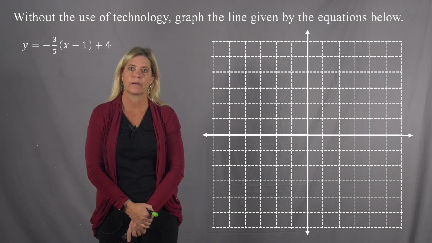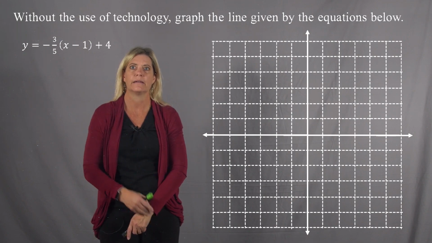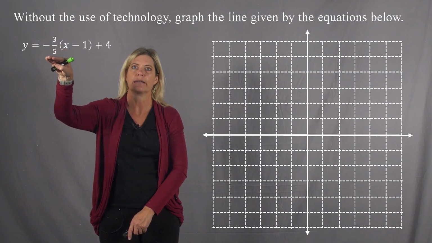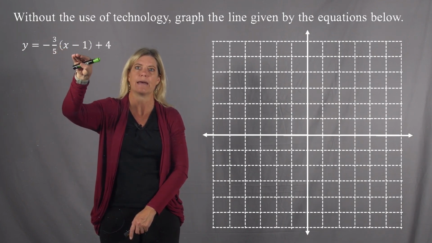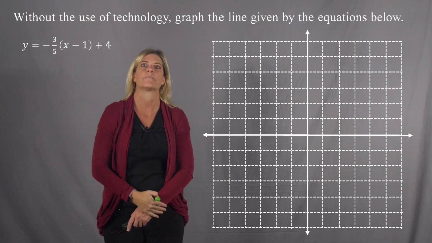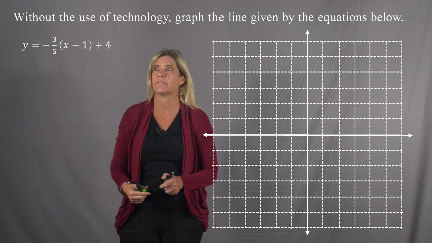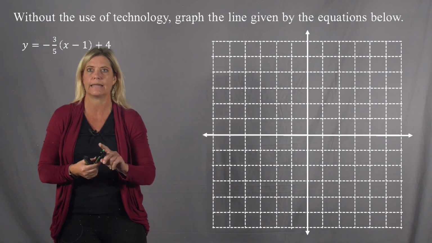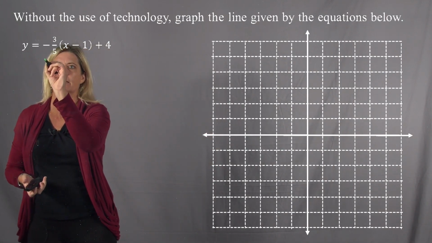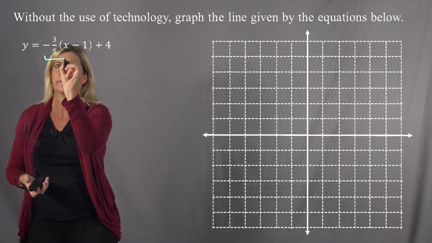For this problem, without the use of technology, we want to graph this line that's given by y is equal to negative 3/5 times the quantity x minus 1 plus 4. So this is in a kind of point slope form in the sense that I know this is going to be the slope of my line right here.